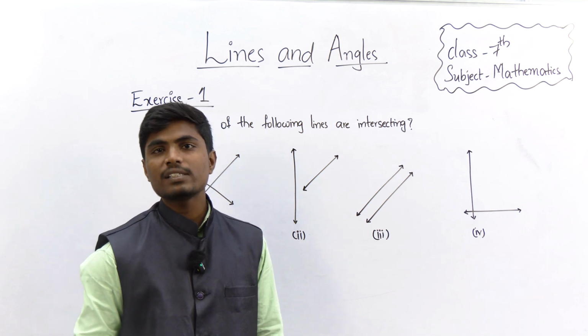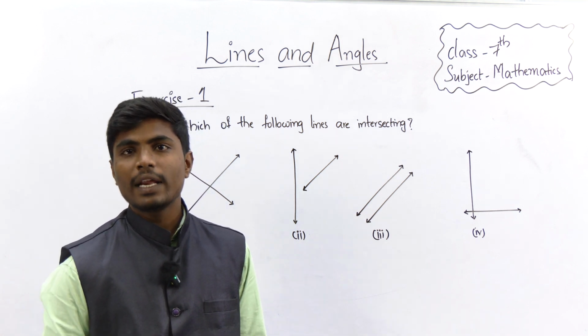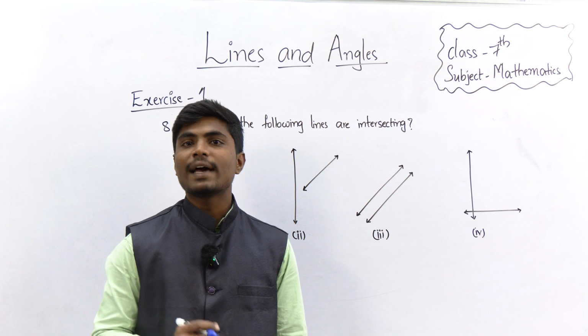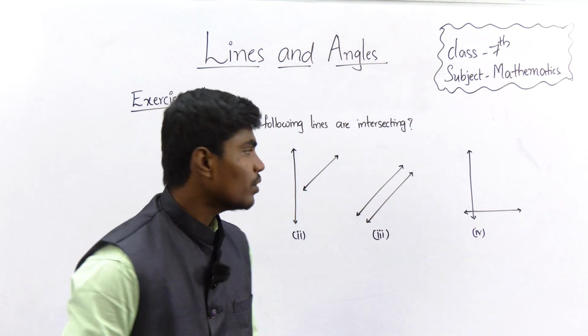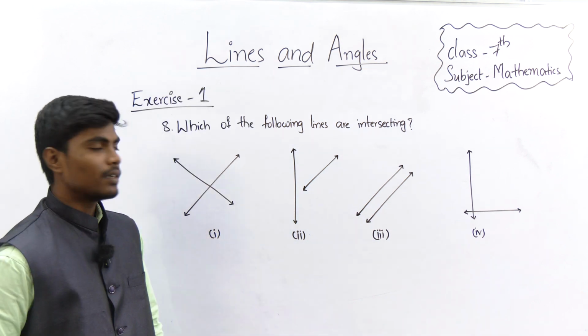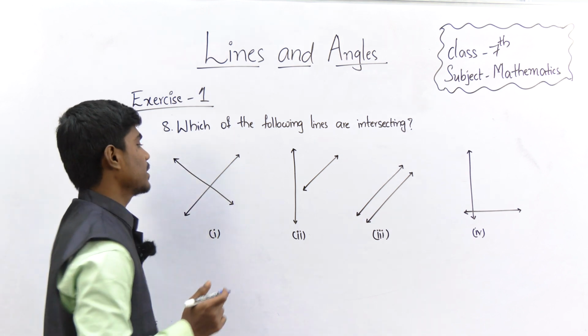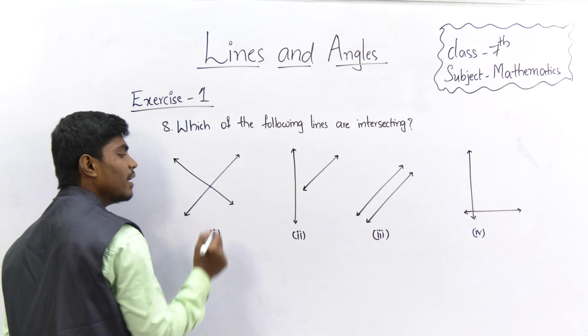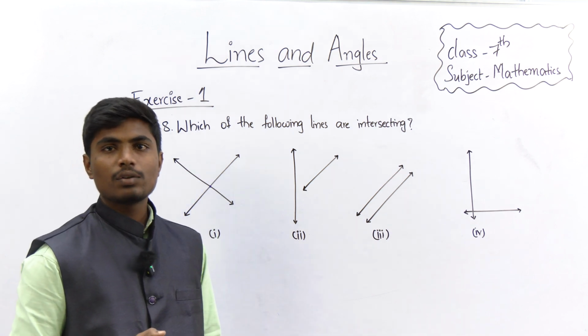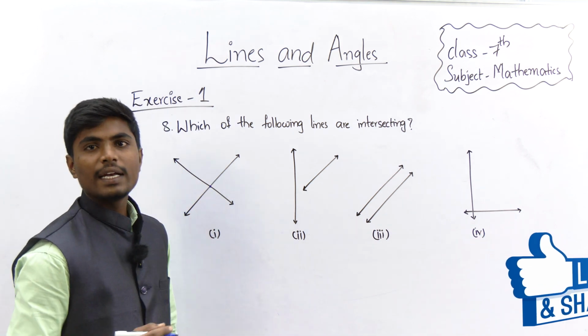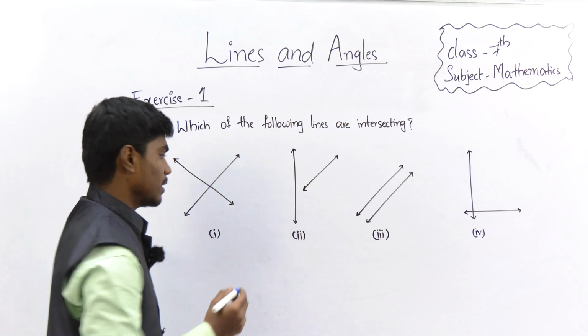If two lines have a common point, then we consider the lines as intersecting. In the first figure, these two lines have one common point, so these lines are intersecting each other.